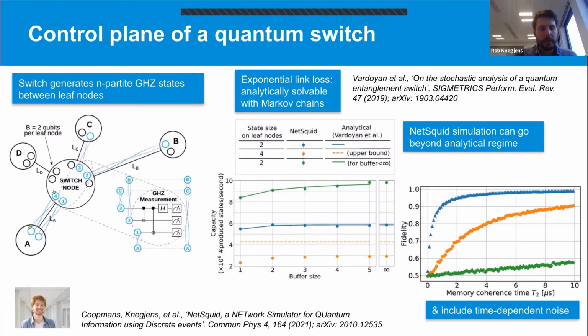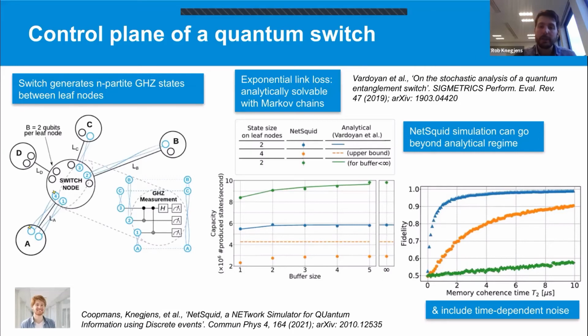And they found that if they model the losses on these links, which have different lengths, using Markov chains, they could come to an analytical solution of the sort of the mean capacity. So for a given n-partite GHZ state, how many are produced at a given moment. And they could solve this analytically.